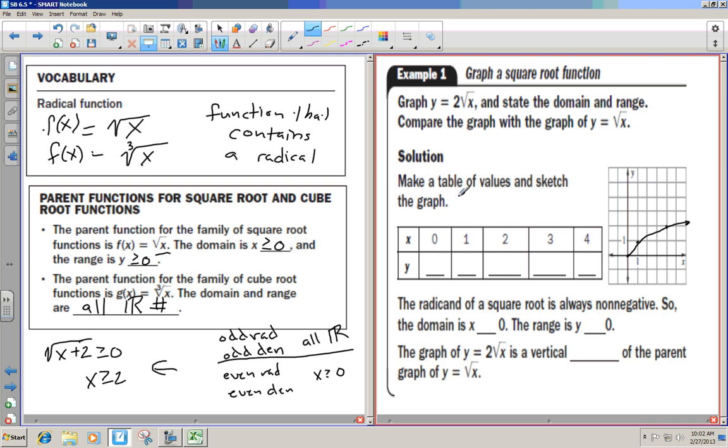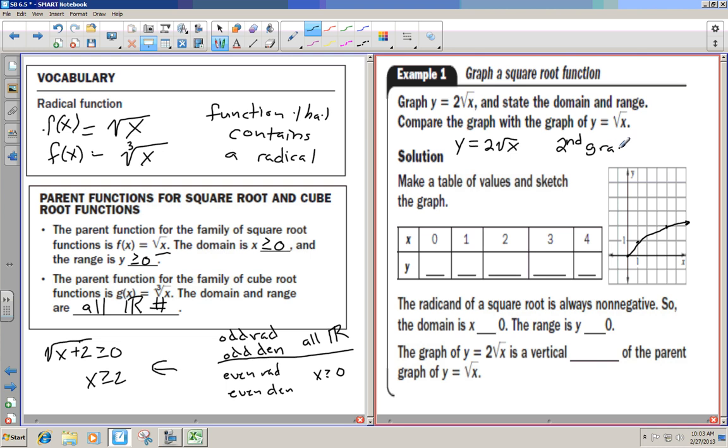Now, make a table of values and then sketch. This is fine. Use the table of values. Use your calculator to sketch the graph if you want to. I personally would probably use the calculator. I would go into the y equals menu. I would put 2 square root x. And instead of hitting graph, use second graph.